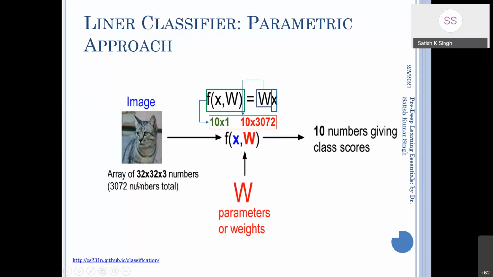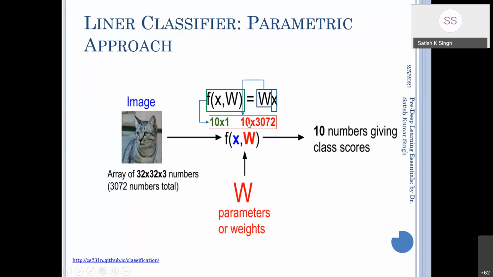If we increase the number of data points, meaning if we increase the size of this image, then this number will increase. If the number of classes is increased, say 100 classes rather than 10, then this 10 will change to 100.